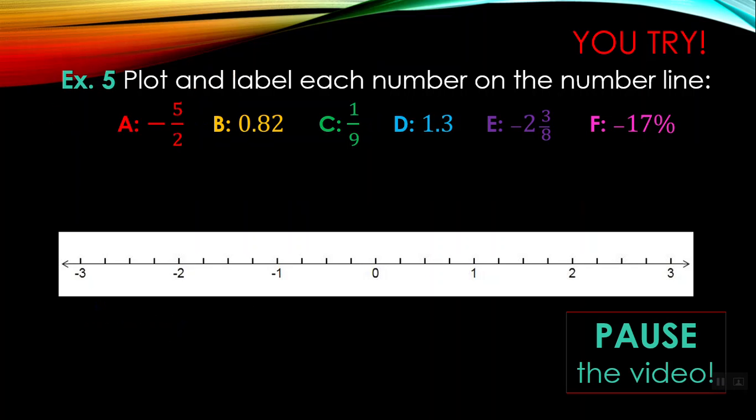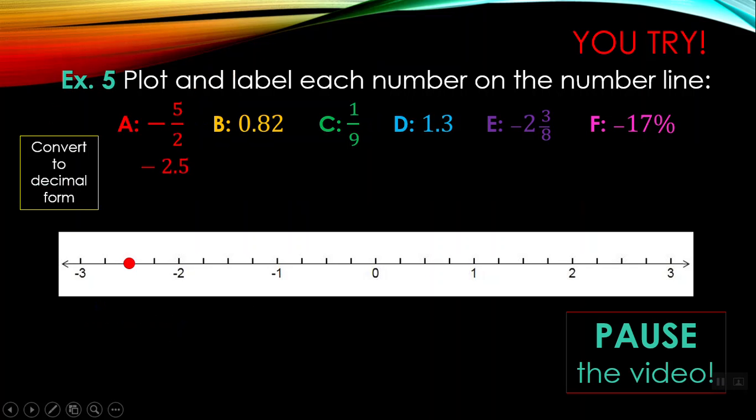All right, let's see how you did. Point A. First thing we need to do is convert to decimal form to help us out. We know that -5/2 is the same as -2.5. That's -2.5. So I can put that point right there at -2.5. Point B is already in decimal form. I know that's in between 0 and 1.